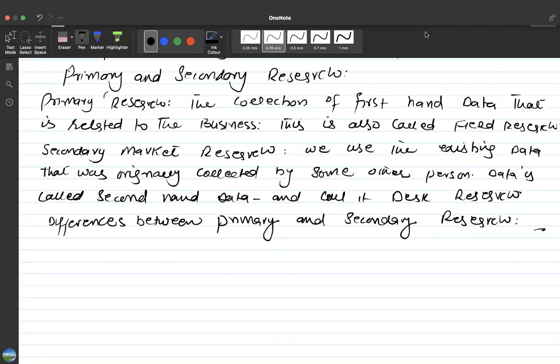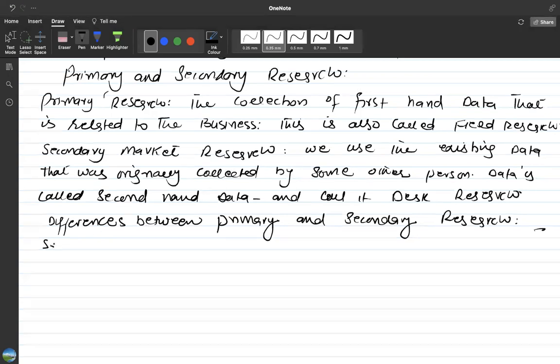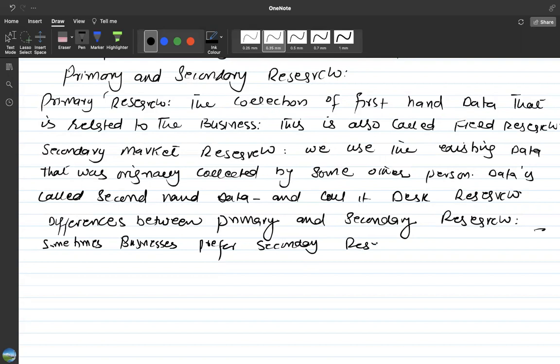Okay, but when businesses are entering into the market, what type of research do they do? Sometimes businesses prefer secondary research when they are entering into a market. Why do they prefer secondary research?